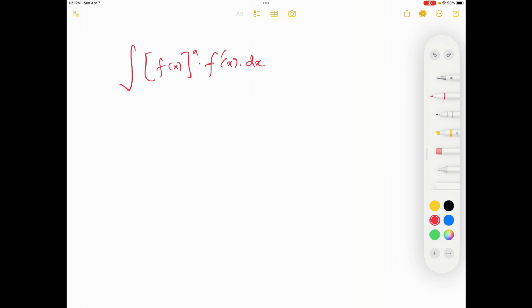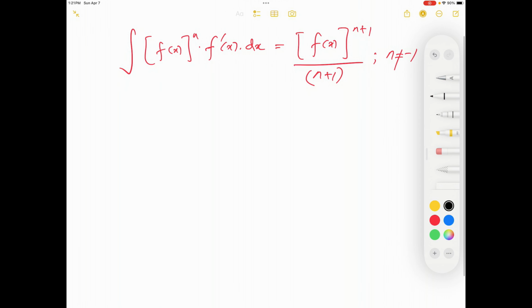If you can see this pattern, the answer of this integral will be equal to f of x raised to the n plus first power all divided by n plus 1. And as you can see, this theorem is applicable only if your n is not equal to -1. We will see the proof of this theorem real quick.